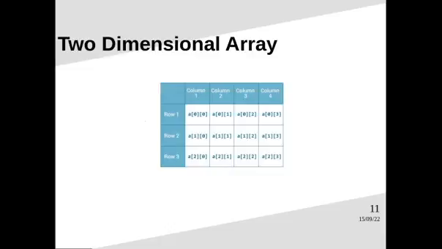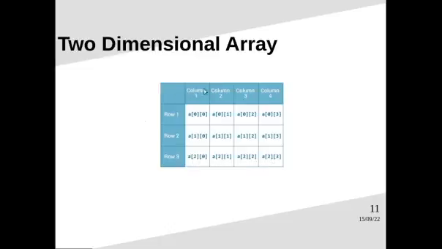So we can consider row 1 as one array having 4 elements: a00, a01, a02, a03, and we can consider row 2 as an array of 4 elements which are of integer type: a10, a11, a12, and a13. Similarly, row 3 also we can consider as an array of 4 elements: a20, a21, a22 and a23.